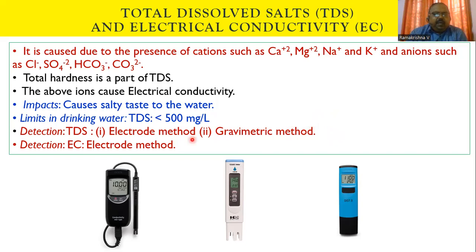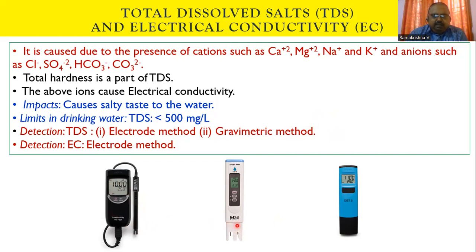Electrode method, these are the different electrodes. This is a conventional electrode. This is battery operated. Now you dip this electrode after calibration, and the display comes directly on the readout device. Here, this is a portable battery device. This one is power operated.